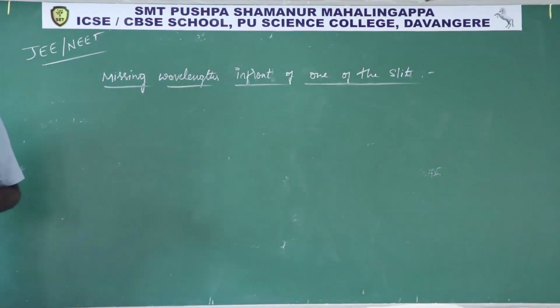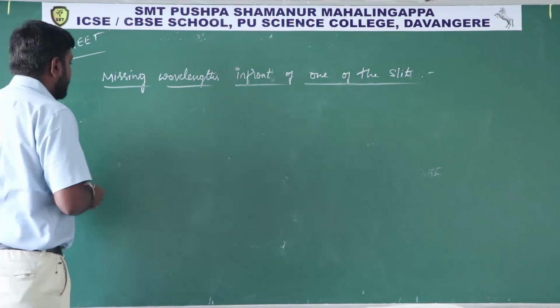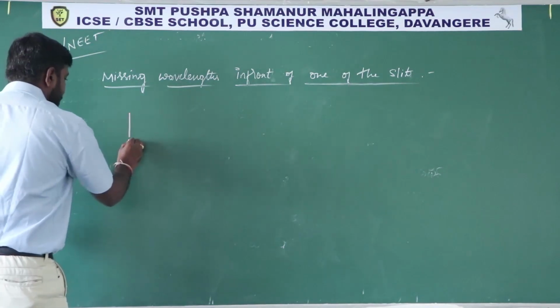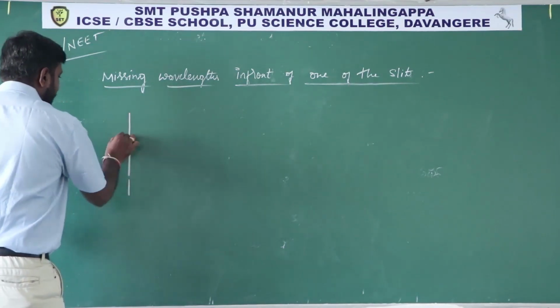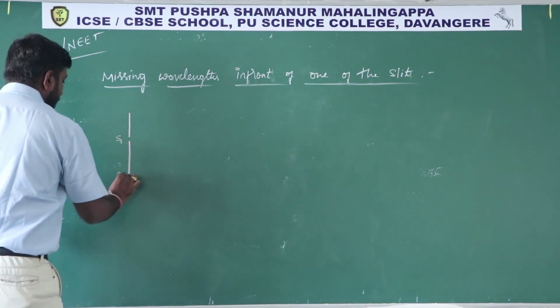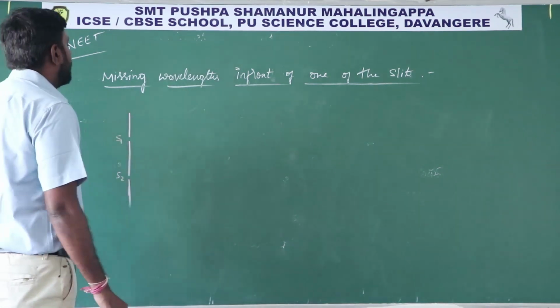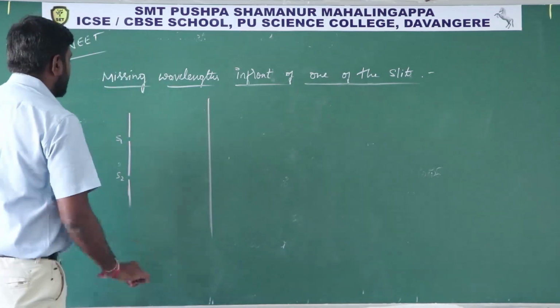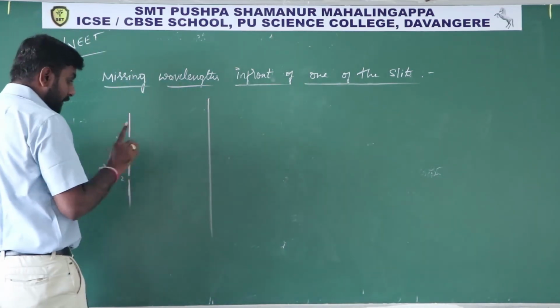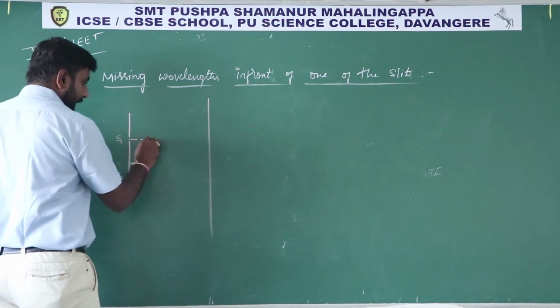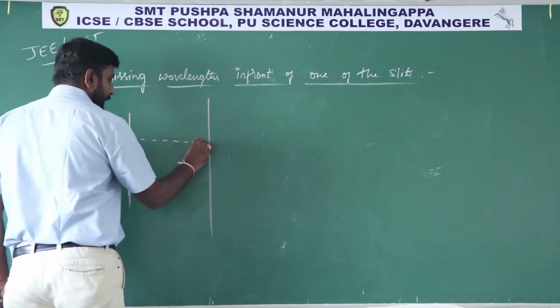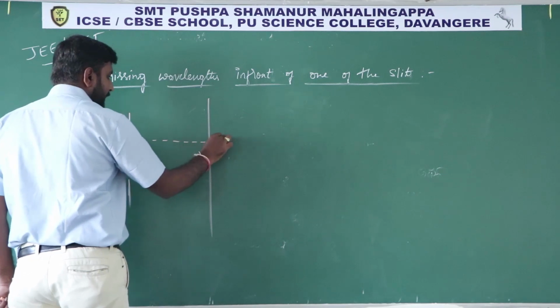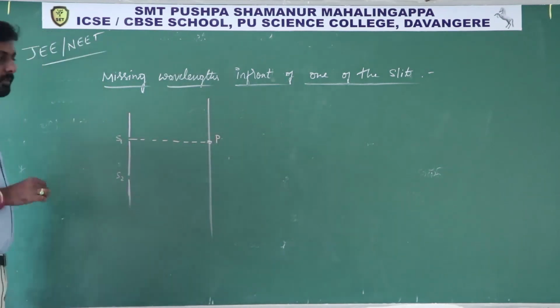To understand this concept, let us consider these are the two slits S1 and S2, and this is the screen. One in front of one of the slits means exactly I am considering that point is opposite to S1.